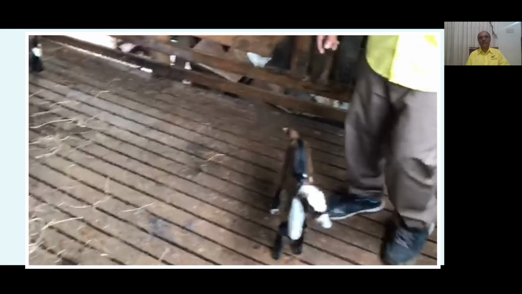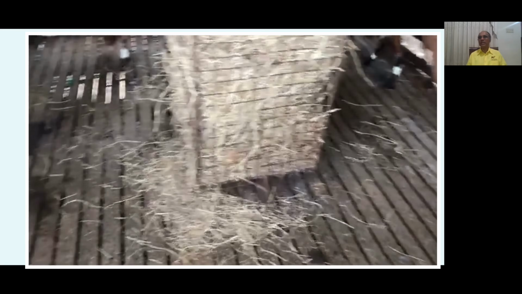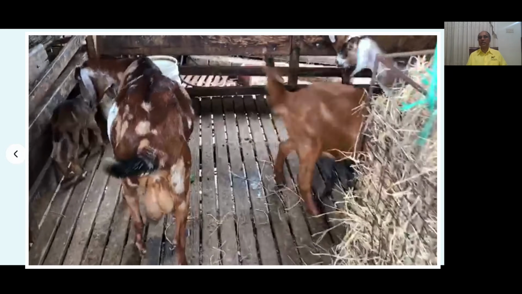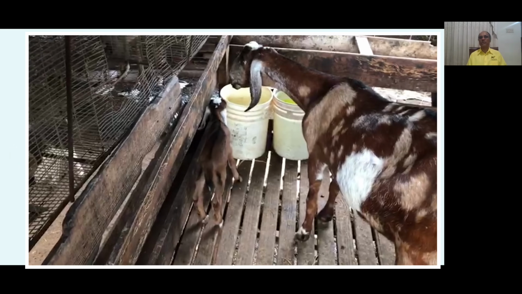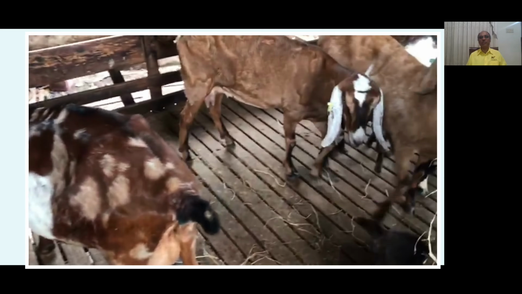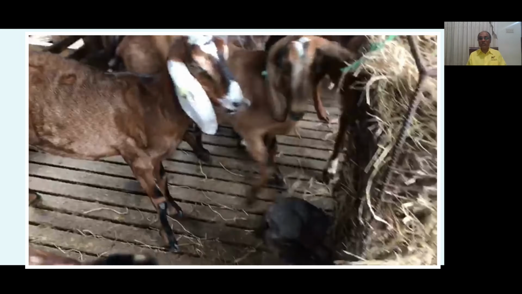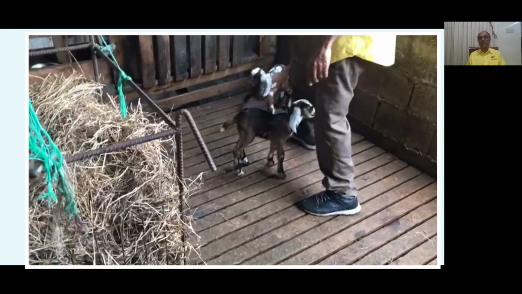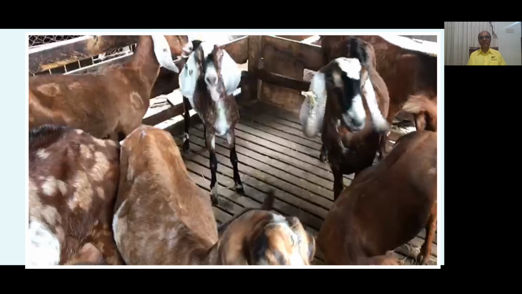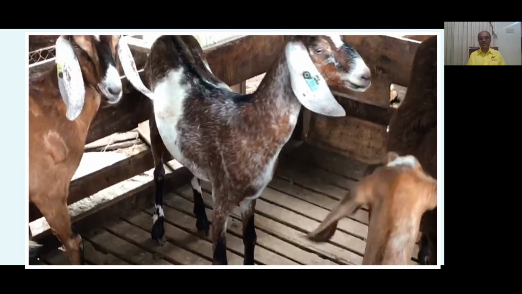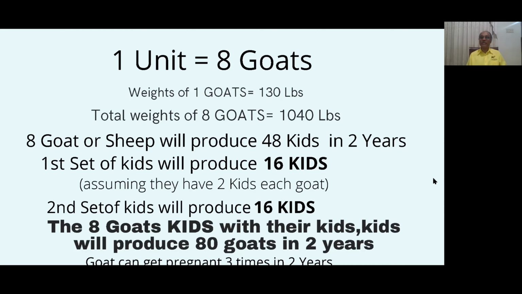Out of the first set of kids born, those kids will reach breeding age and will be able to have 1 set of kids in that 2-year period. So you're looking at 16 kids born from the first set. Also, the second set of kids produced by the mothers can also produce 16 kids, because they will reach maturity and be able to have those kids before the 2-year period has ended.